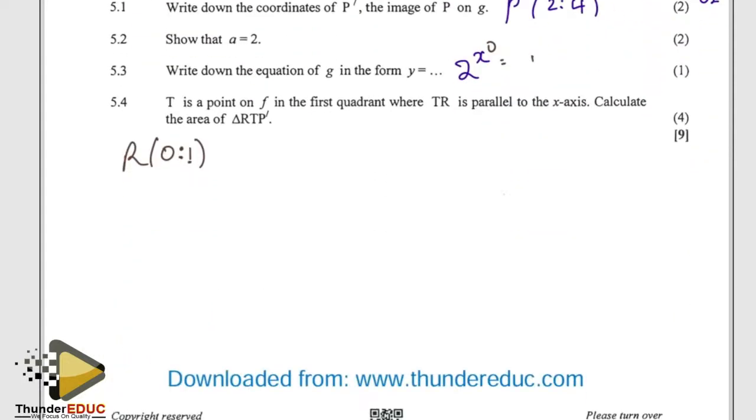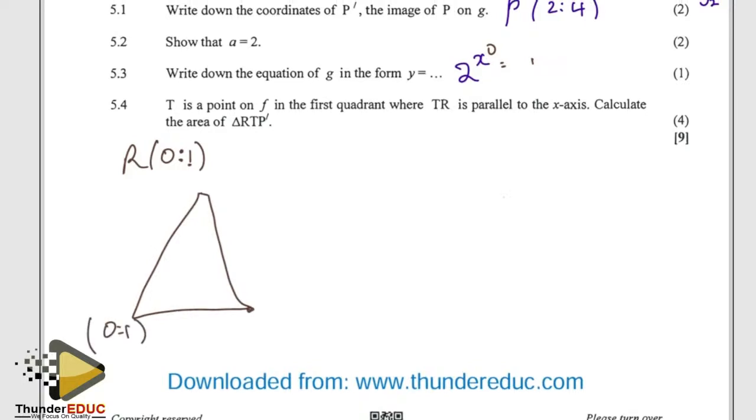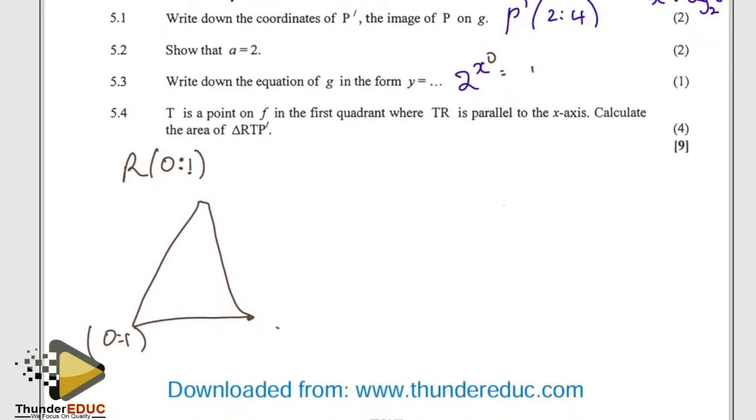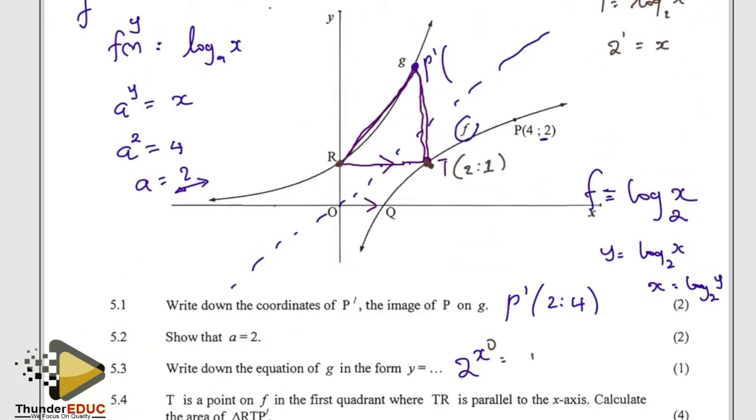Okay, so let me just redraw that triangle here, where I'm having (0, 1). Now I'm ending up with (2, 1). But then we said P was, was it (2, 4) or (4, 2)? It was (2, 4). So if it is (2, 4), this line is perpendicular to this, which makes it 90 degrees.